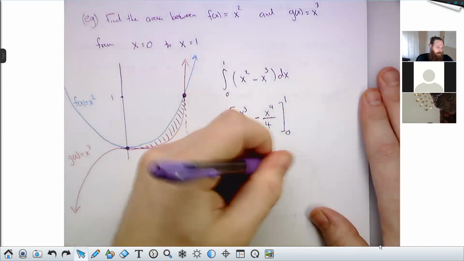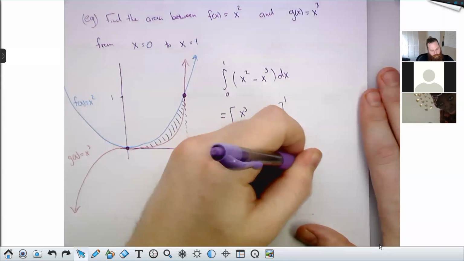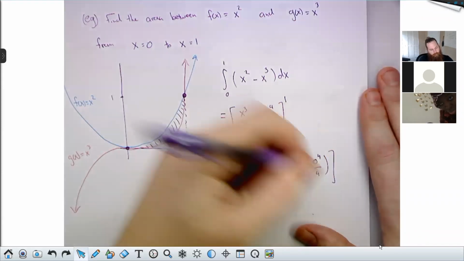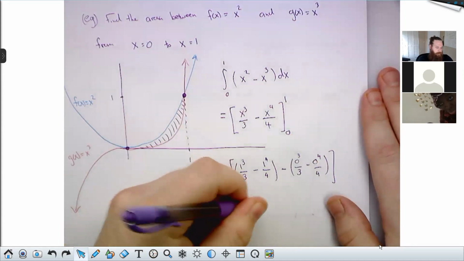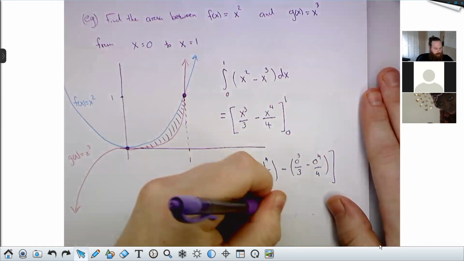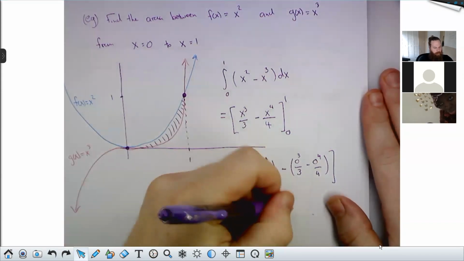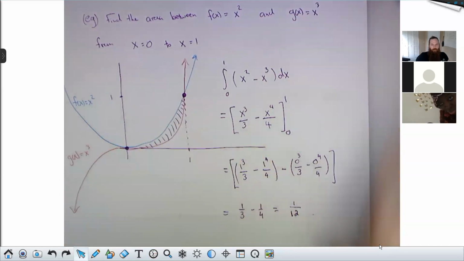And then we subtract what we get when we plug in our lower bound. That's 0 cubed over 3 minus 0 to the 4 over 4. And this is just 1/3 minus 1/4. And you can write those both as ratios over 12. This is 4 over 12 minus 3 over 12 is 1 over 12. Not so bad, right?